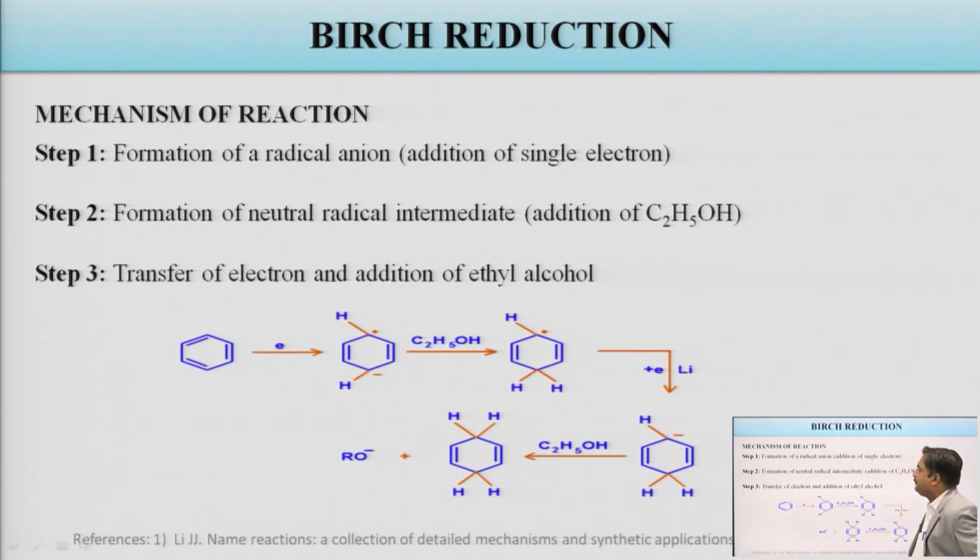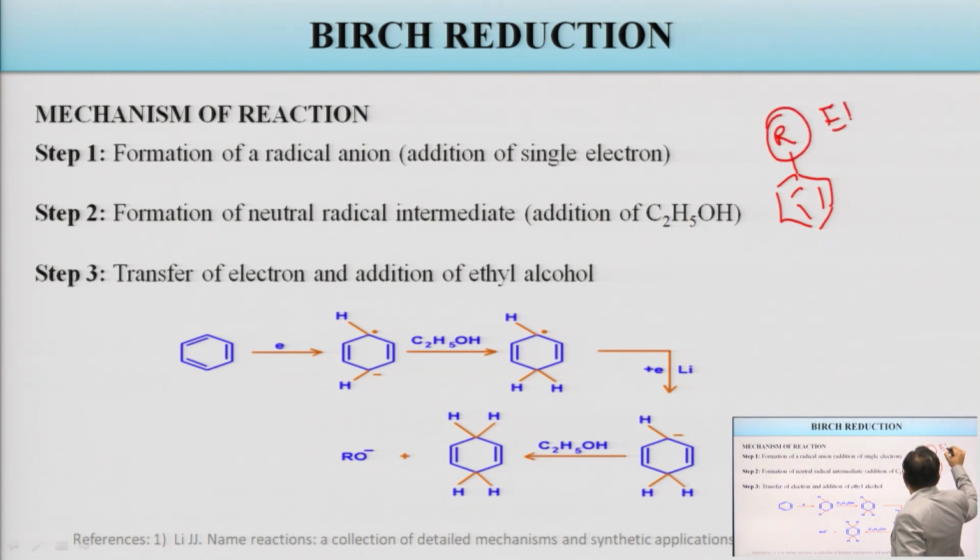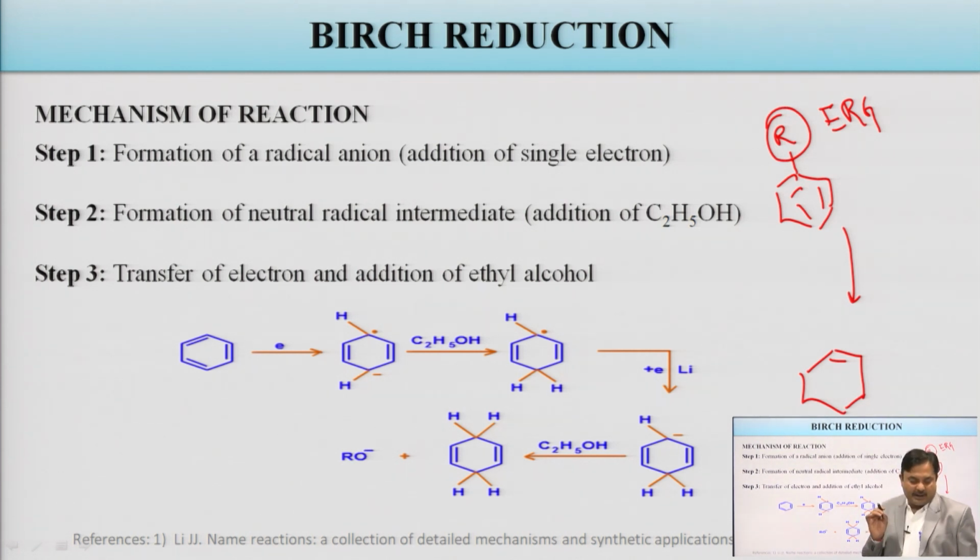Now, when we are talking about the mechanism of this reaction, we have to take care that if any substituent is present on the aromatic ring, for example, if the benzene ring has an electron donor group, for example, this is the benzene ring and this has a substituent which is an electron releasing group, then please note down the position of the double bond in the product which will be formed after this reaction. Like this.